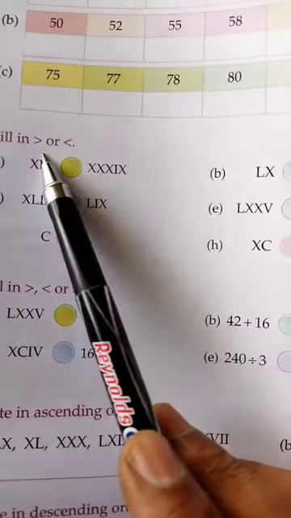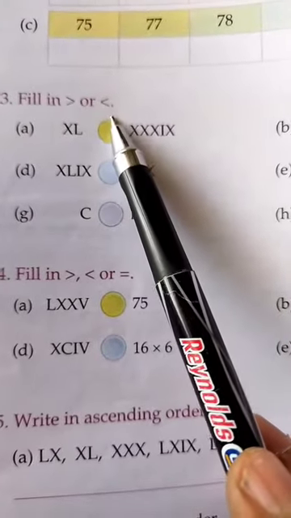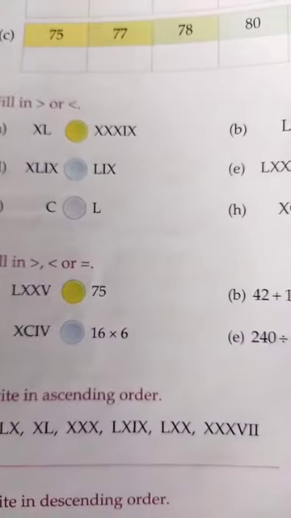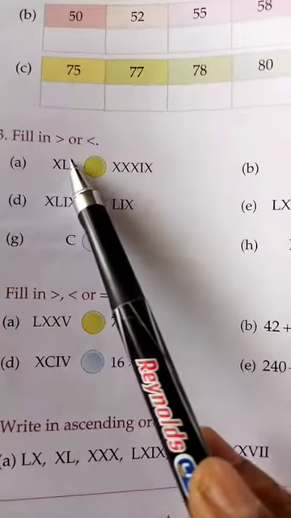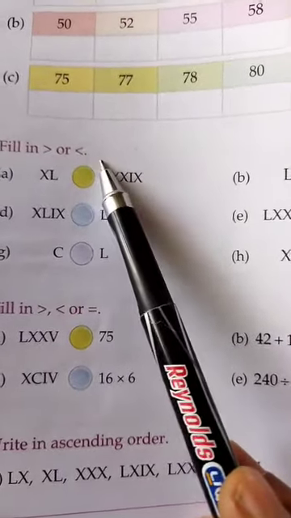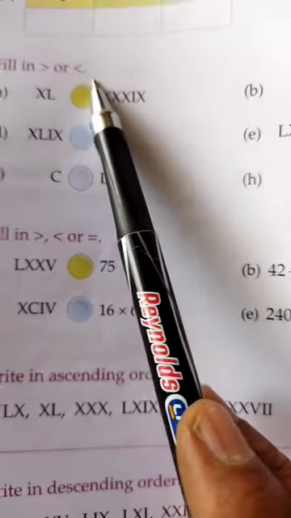Now the third question: fill in the blanks with less than or greater than. This is also very easy; you can do this whole part. First of all, write these Roman numbers as numerals, and then you can easily find which is greater or lesser, and you can easily put the sign.